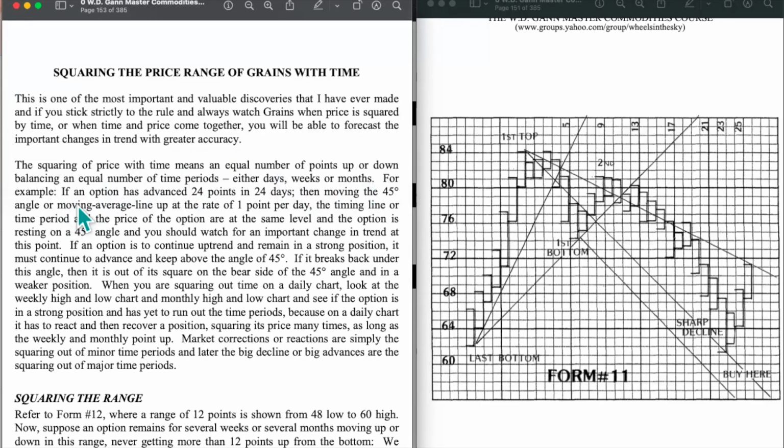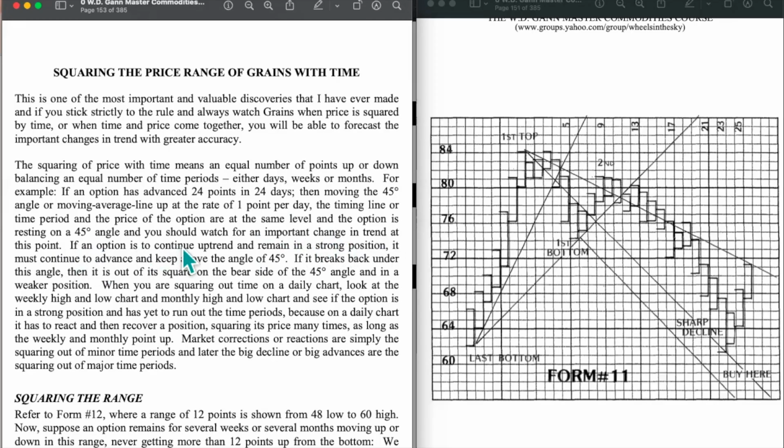For example, if an option has advanced 24 points in 24 days, then moving the 45-degree angle or moving average line up at the rate of 1 point per day, the timing line or time period and the price of the option are at the same level, and the option is resting on a 45-degree angle, and you should watch for an important change in trend at this point.